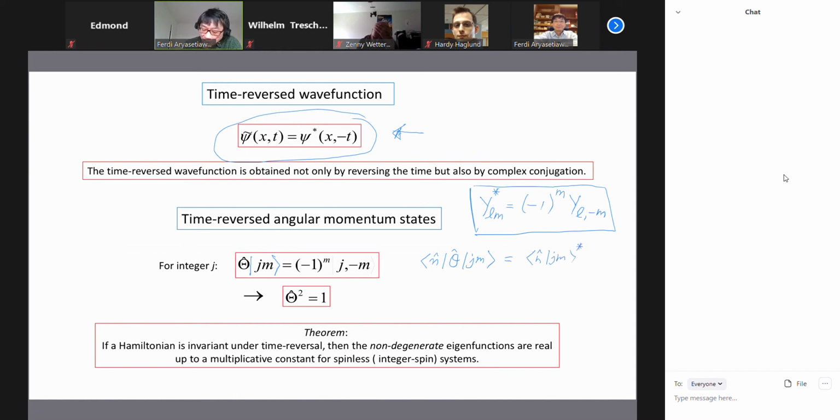So it implies that if I operate the time reversal on an angular momentum state Jm, it will be multiplied by minus 1 to the m, and the state goes to j minus m, like what we have here.